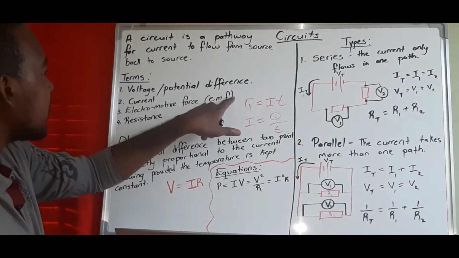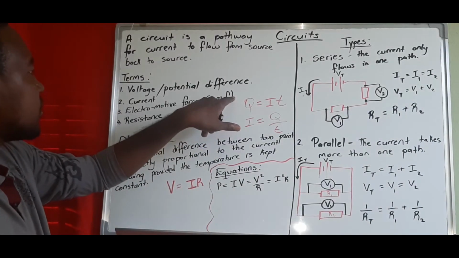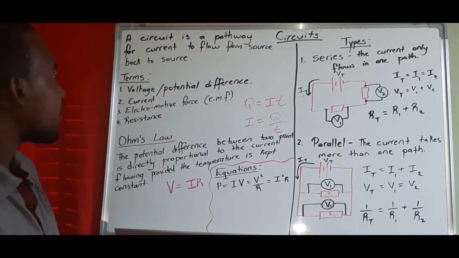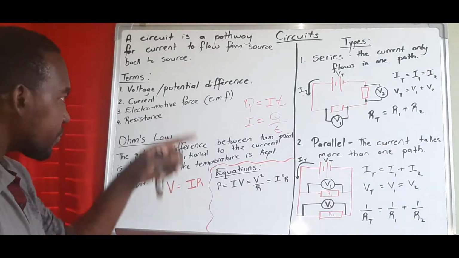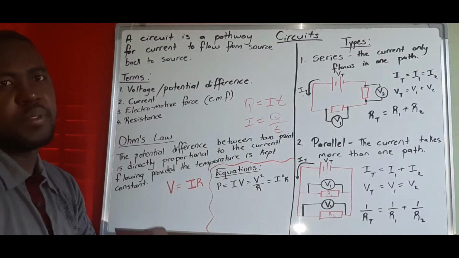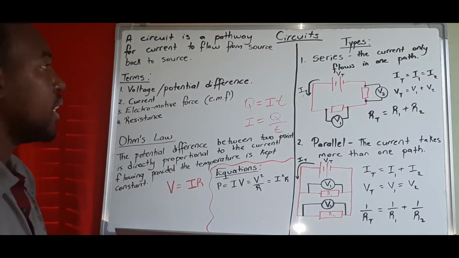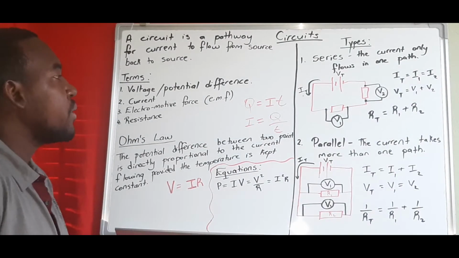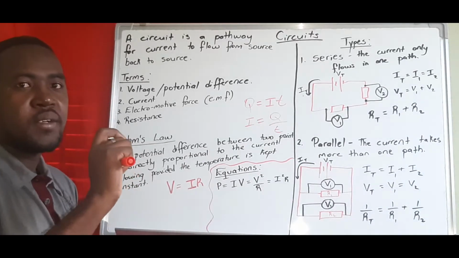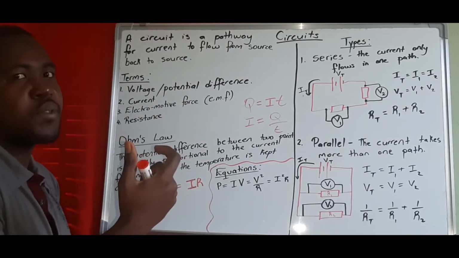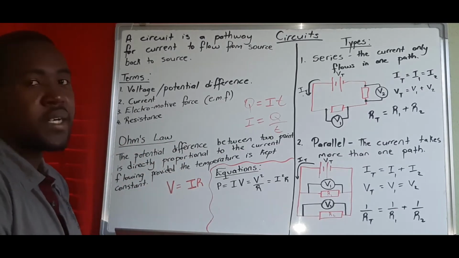And the electromotive force, which is the EMF. So this quantity or this term is normally mixed up with voltage or potential difference. It's the same principle, but with EMF, we only talk about it in a source. So the EMF is the source, right? And the EMF is the rated voltage of a battery or a cell, right?